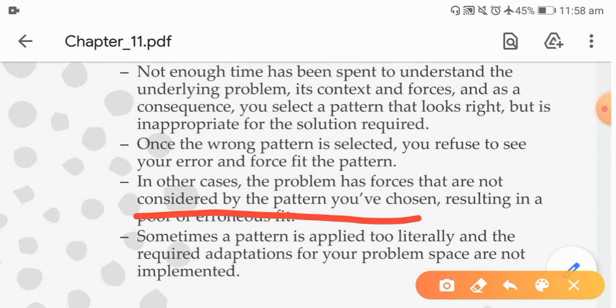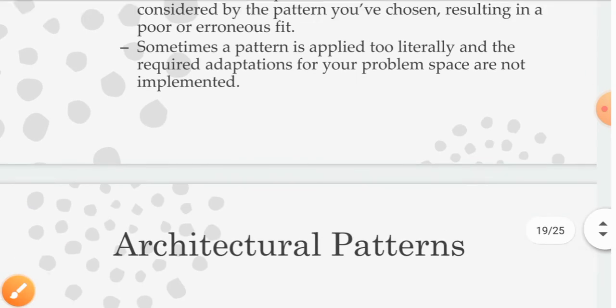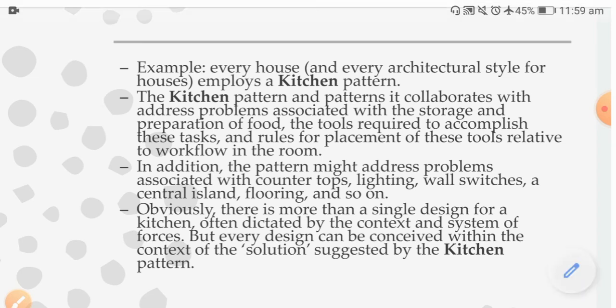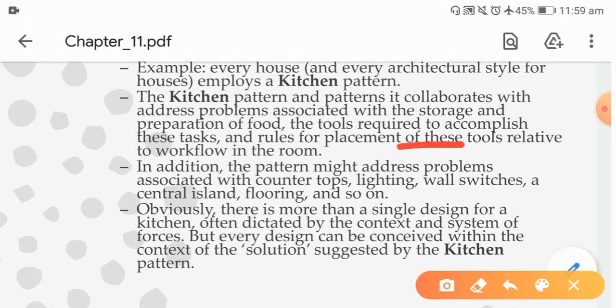Next one is the architectural pattern. Let us see an example of an architectural pattern. Every house and every architecture style for houses employs a kitchen pattern. The kitchen pattern addresses problems associated with the storage and preparation of food, the tools required to accomplish the task, and rules for placement of these tools relative to workflow in the room.